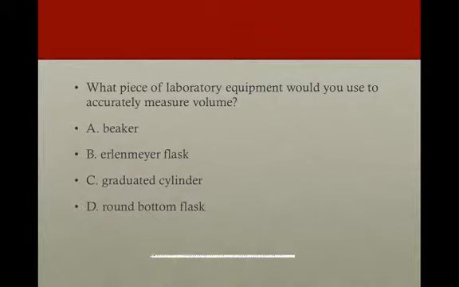So what piece of lab equipment would you use to accurately measure volume? It says waiting for question. I push start. It should be coming.